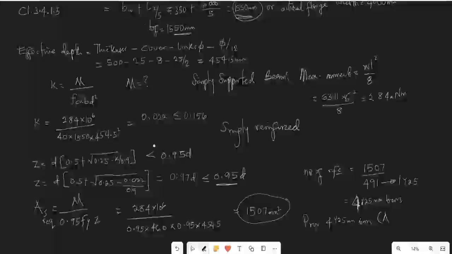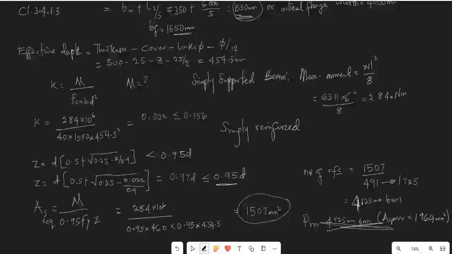Area of steel provided now will be equal to 1964 millimeter square. So this exactly is the provision for this reinforcement, for this beam.